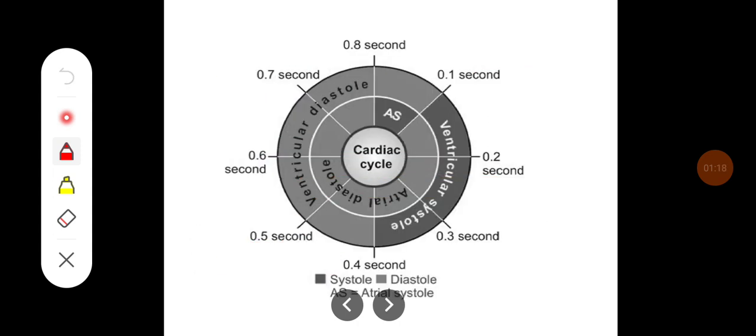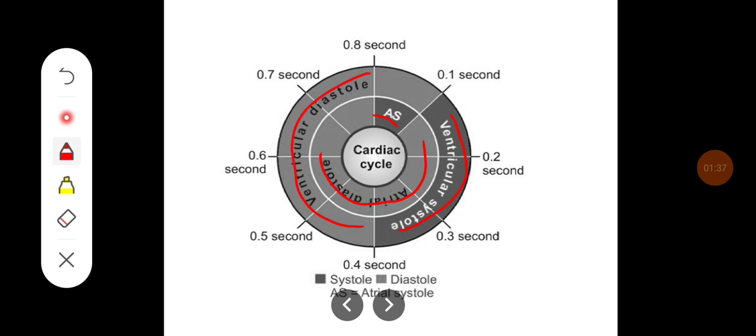So this diagram shows the atrial events, that is atrial systole and atrial diastole, and subsequently it shows ventricular systole and ventricular diastole.